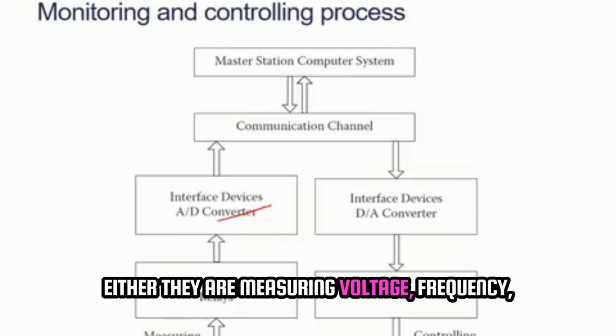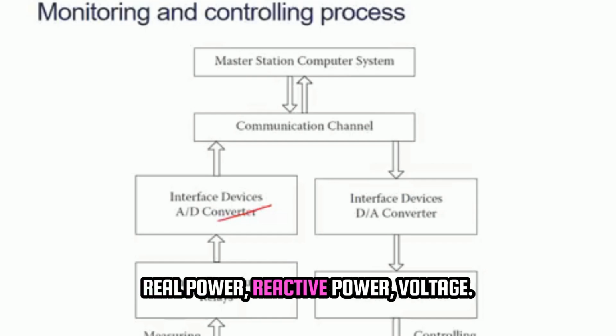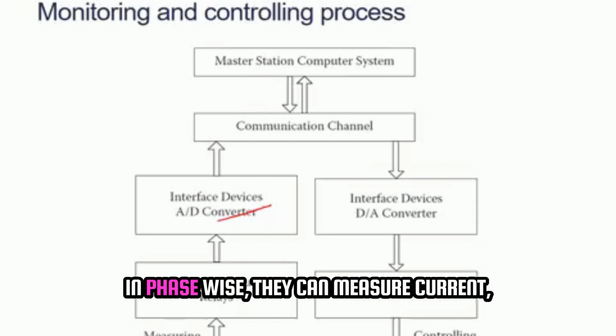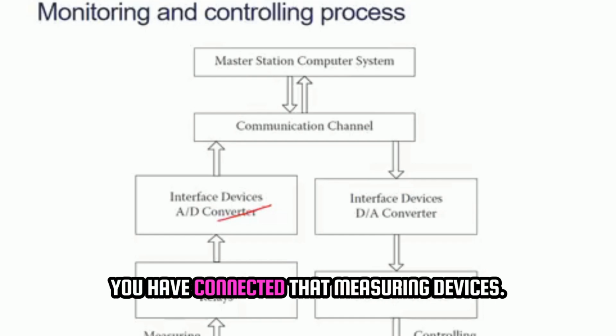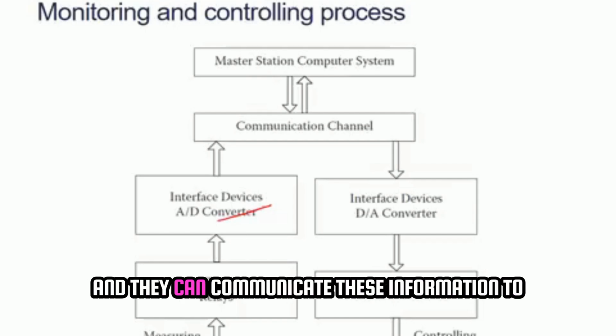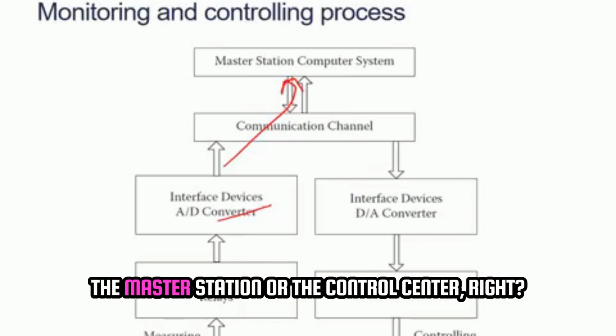They may measure voltage, frequency, real power, reactive power, phase-wise voltage, current, and a lot of other things wherever the devices are connected, and they communicate this information to the master station or the control center, right?